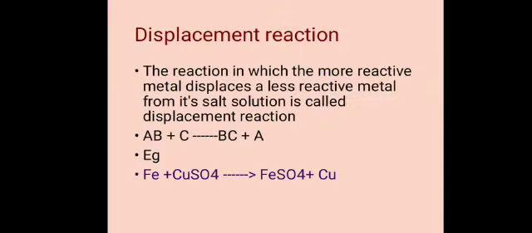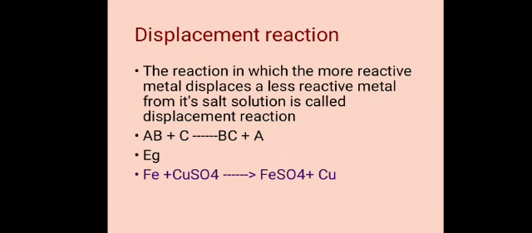Now the fourth type of reaction, that is displacement reaction. Displacement reaction means the reaction in which a more reactive metal displaces a less reactive metal from its salt solution. The more reactive metal displaces a less reactive metal from its salt solution, and that is known as displacement reaction.